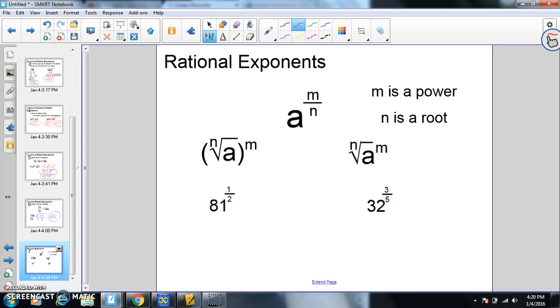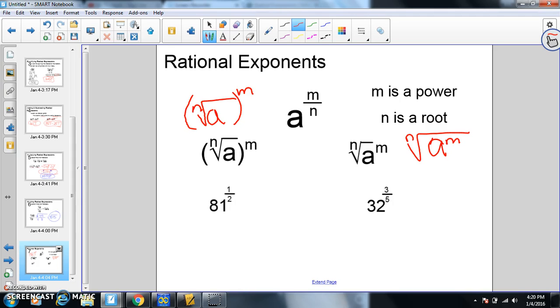There are 2 different ways to write it. You can write it the first way, where you have the entire term being raised to the power, or where you can have the entire term being raised, taking the root.